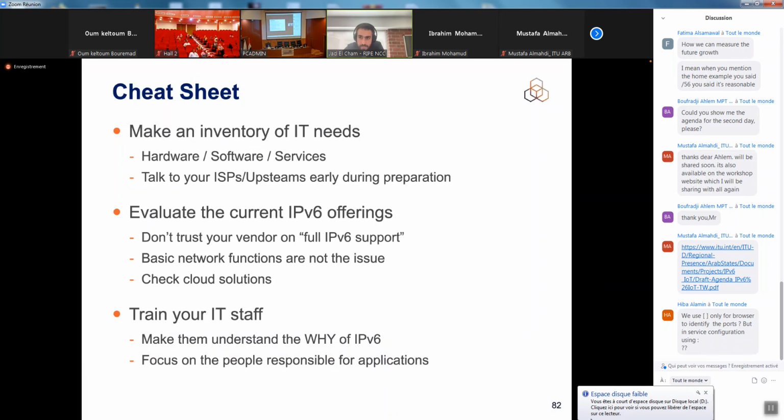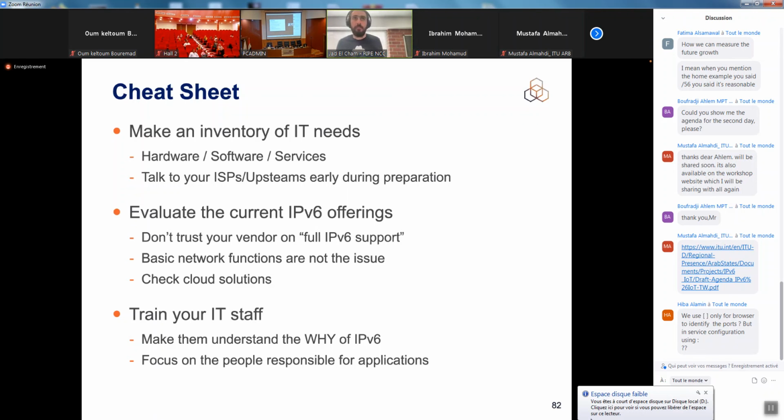Now, before we finish, I compiled this cheat sheet for you, just like in university days. We had a lot of interviews at the RIPE NCC with organizations that made the move to IPv6, and we tried to generate a list of the things that you should take into consideration and be aware of when deciding to move to IPv6.